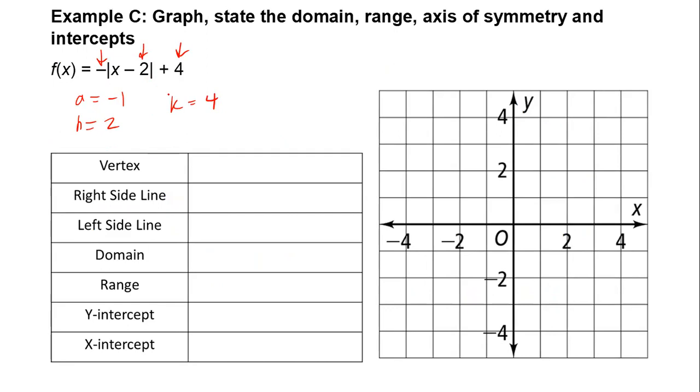So we identify. It's always going to be whatever the opposite is. Yes? I haven't lost anybody. We can all identify our vertex. Your vertex is H, comma, your K. So what is our vertex? It's 2, comma, 4.